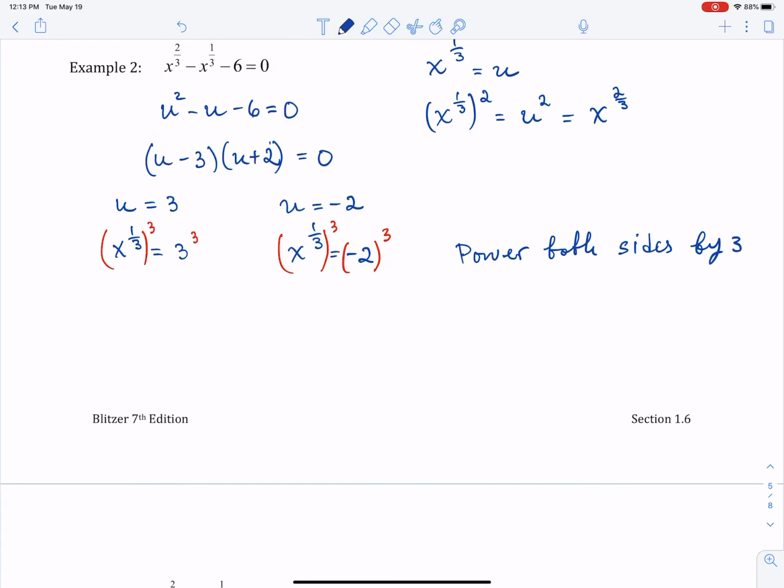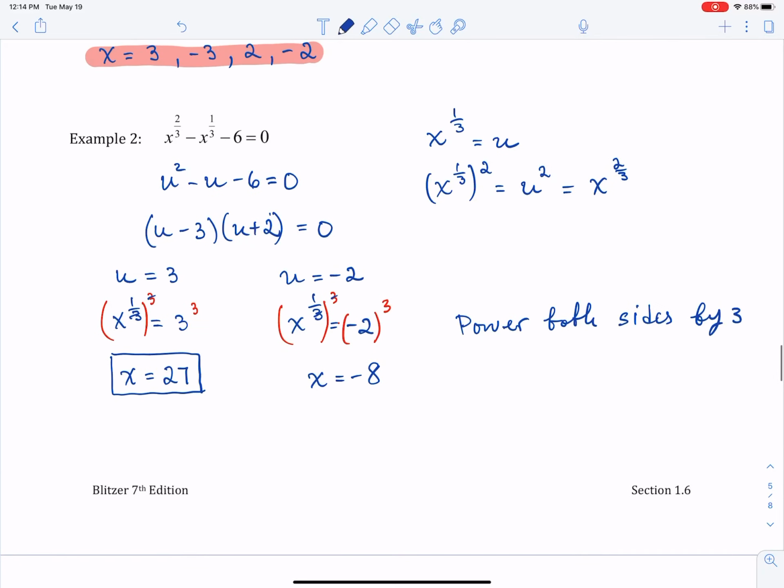So we end up having x is equal to 3 to the third, which is 27, and here x is negative 2 to the third, which is negative 8. So we end up having two solutions.